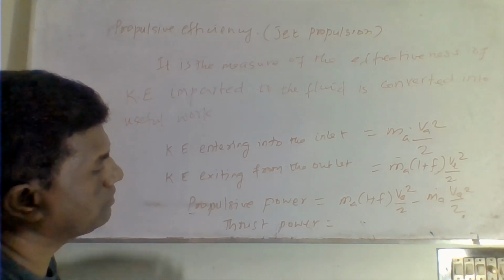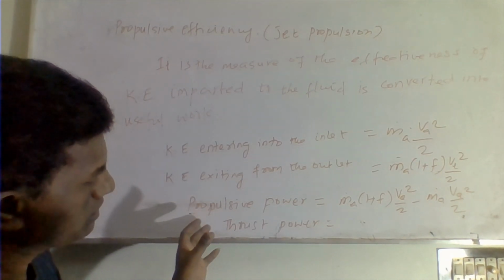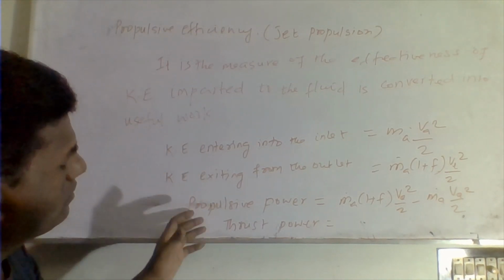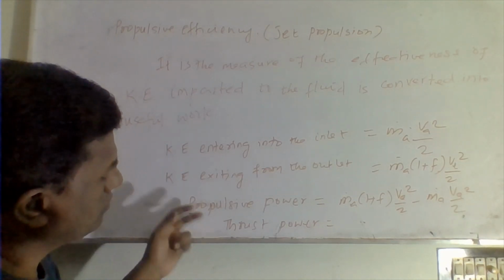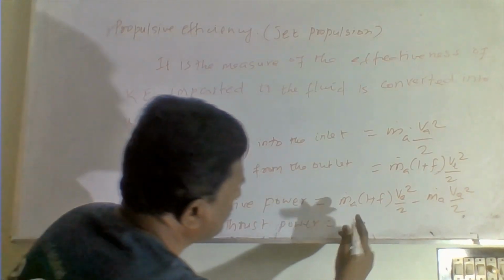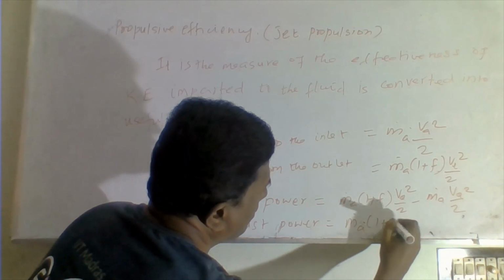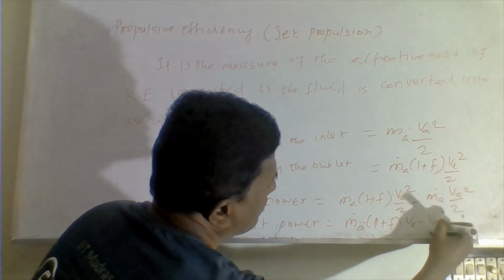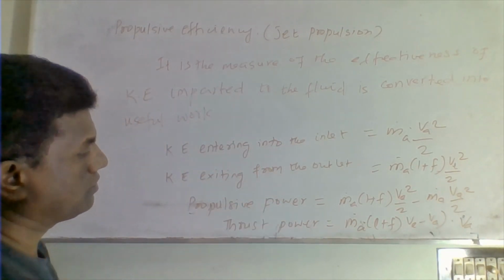That is for simplification of the thrust equation, and it is also useful for other quantities like the propulsion efficiency. So we say m dot a into (1 plus f) into V minus Va, into Va. This is what we have for thrust power.